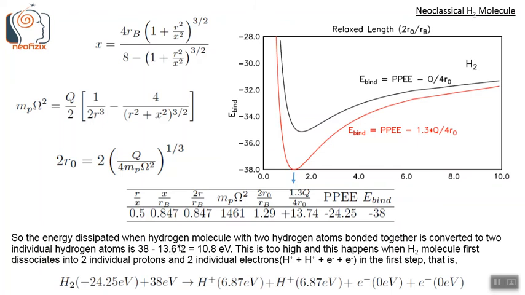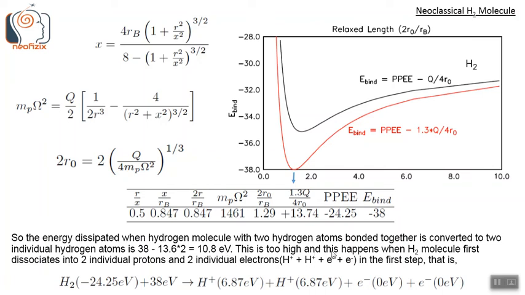Since there are two hydrogen atoms, it is 13.6 into 2. So 38 minus this quantity is 10.8 electron volts. So this is the energy that will be dissipated when a hydrogen molecule is converted to hydrogen atoms, according to this expression.